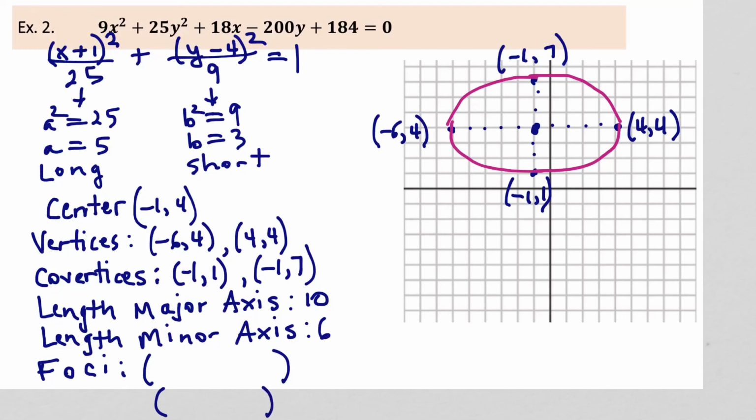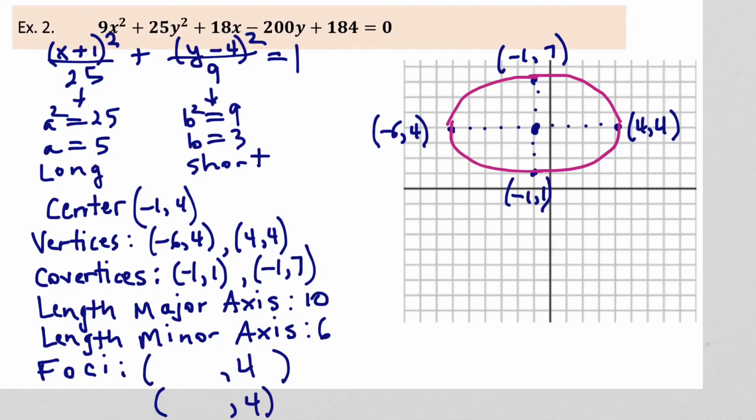Since the orientation of this ellipse is long in the X, they're going to lie on this axis here, so they're going to have the same Y coordinate as these 2 points and the center. So my Y coordinate is 4. So I've got to figure out my X coordinate.